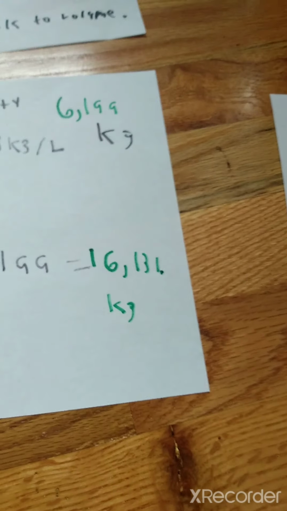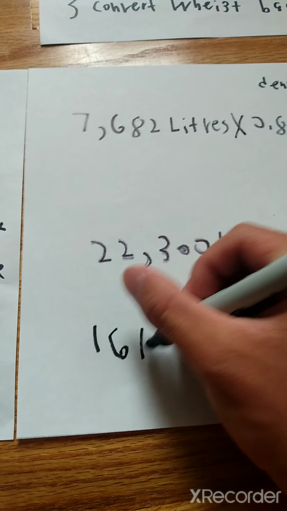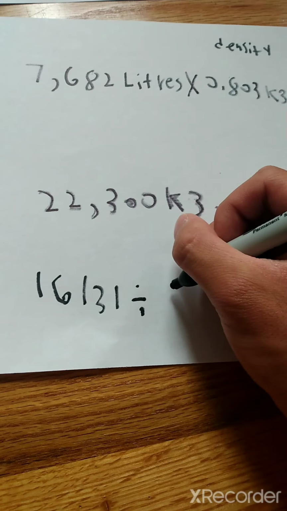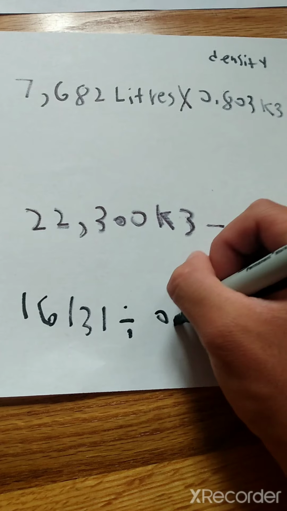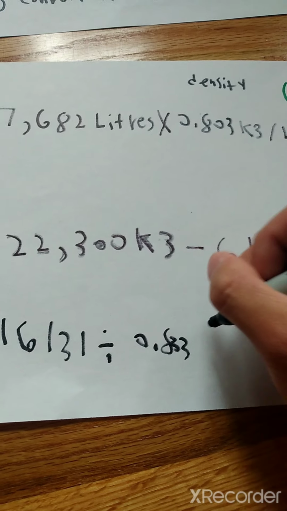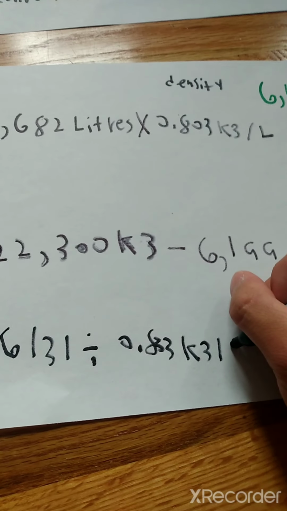So if 16,131 kilograms is the amount of fuel that needs to get onto the airplane, we're going to have to divide by our conversion, 0.803 kilograms per liter, because that was the density.